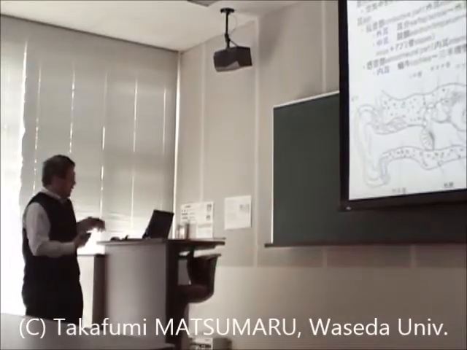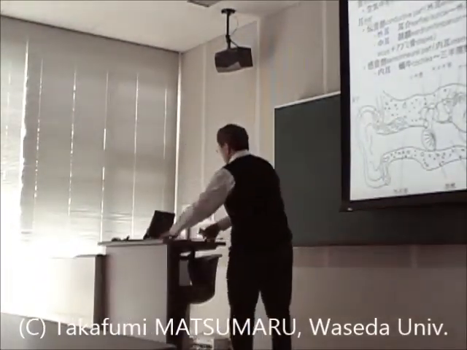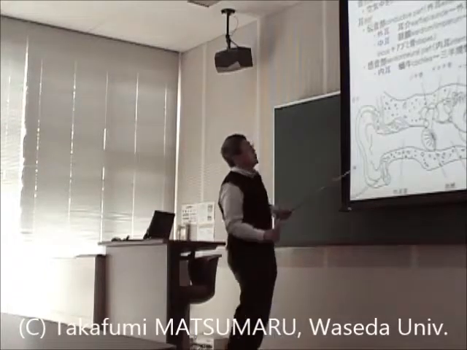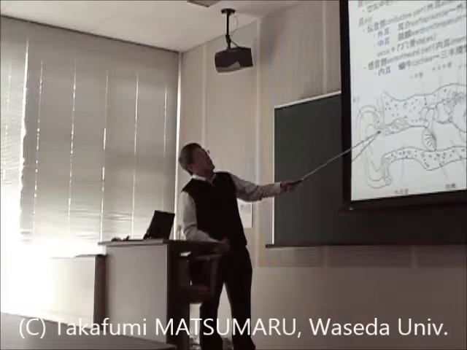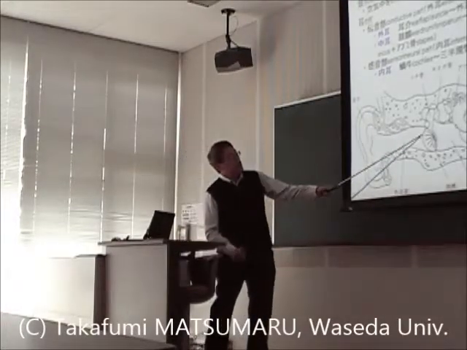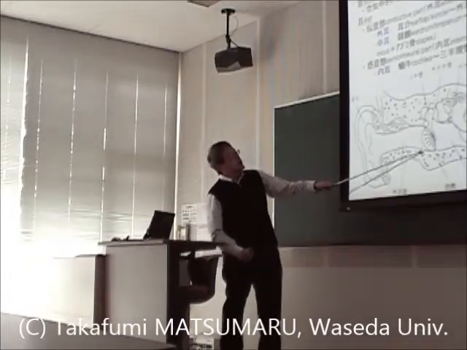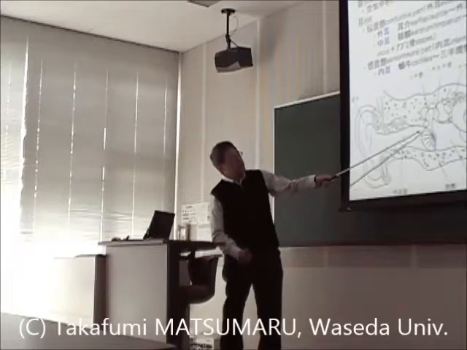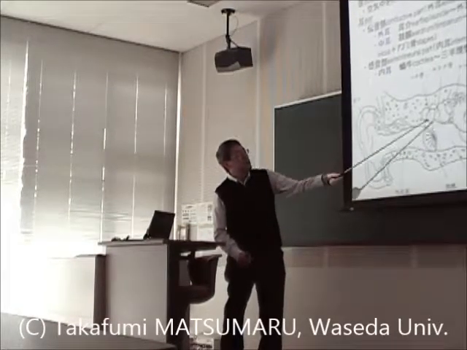And the ear is separated into three parts. First is the ear flap and the ear canal, some kind of tube, and the middle ear is this drum and three main bones.